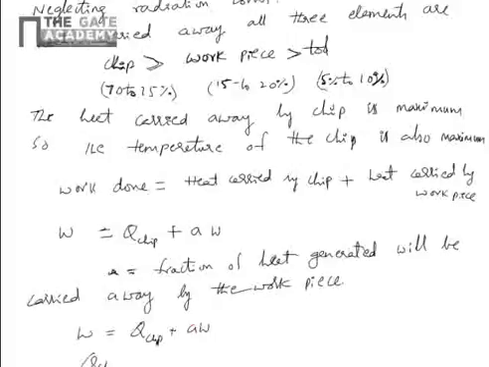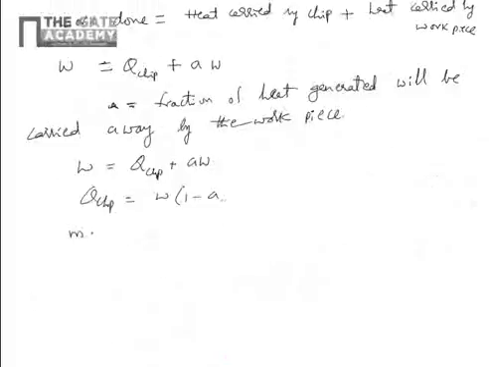So Q chip equals W into (1 minus A). Q chip is nothing but m c_p delta T, and W, the work done, is equal to force into velocity.